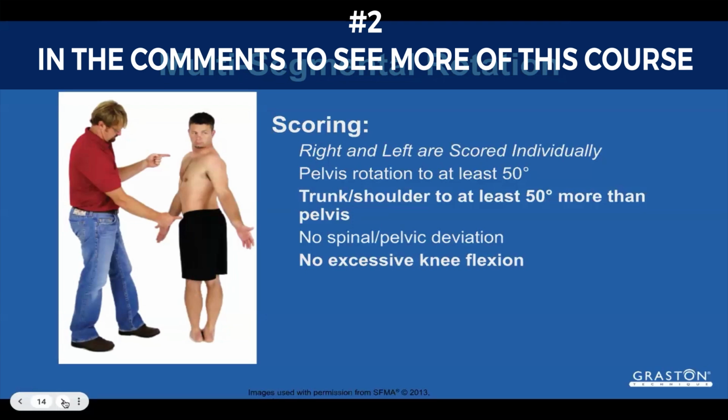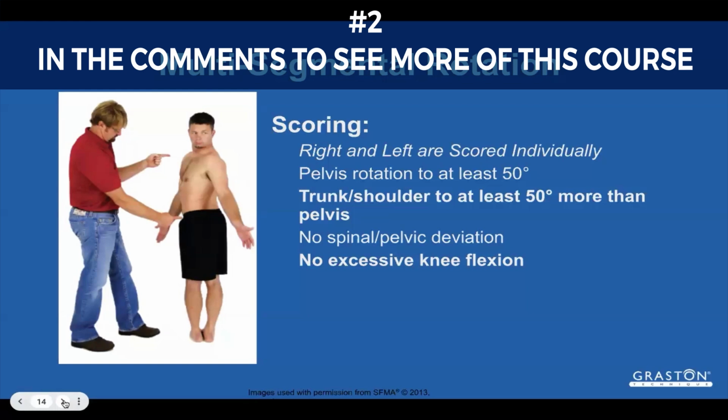And can I get that rotation with no spinal or pelvic deviation? So you ask a patient to rotate and they're all trying to bend, or just rotation. No spinal or pelvic deviation, no excessive knee flexion.